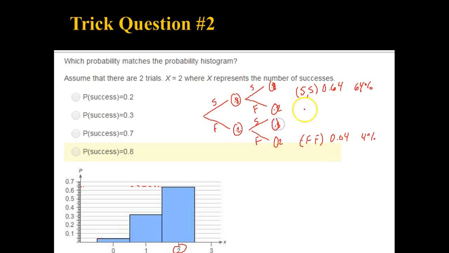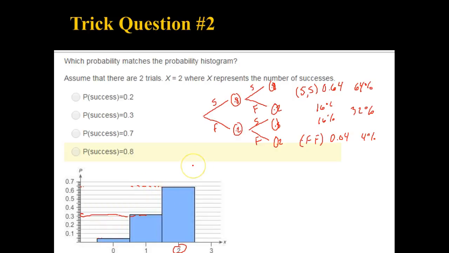And then we can see what our other probabilities would be. 0.8 times 0.2 would be 16%, and 16%, which added together is 32%. And that's what we have right here. If you follow this line across, it's about 32%. So the probability of one success and one failure is 32%. Probability of two successes is 64%. Probability of 0 successes is about 4%.